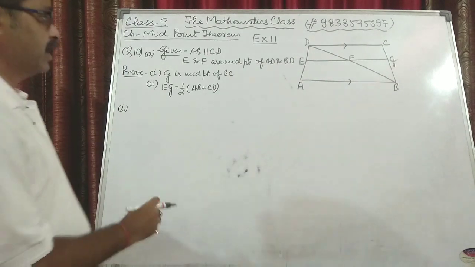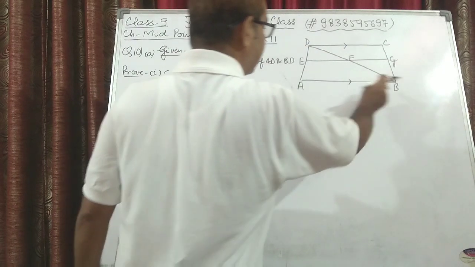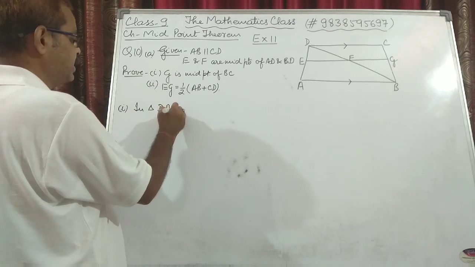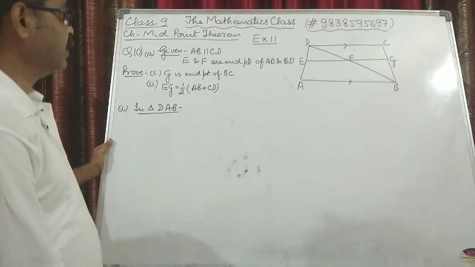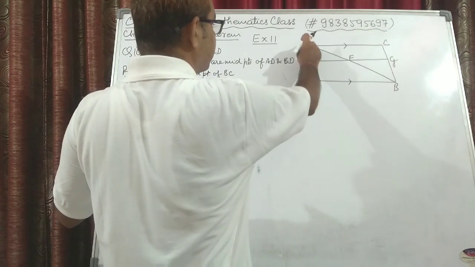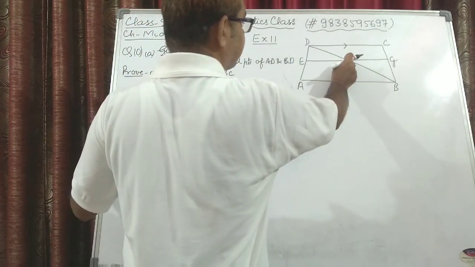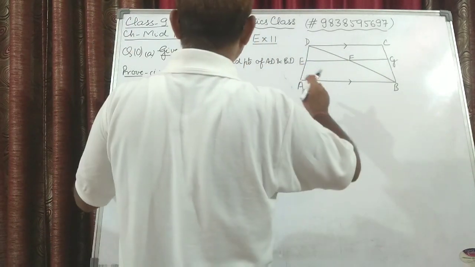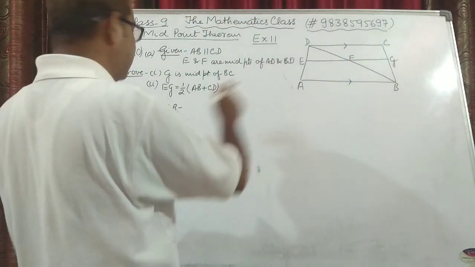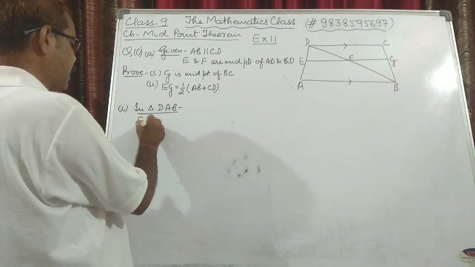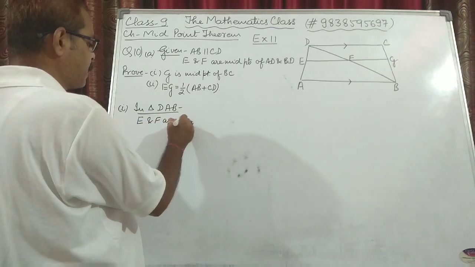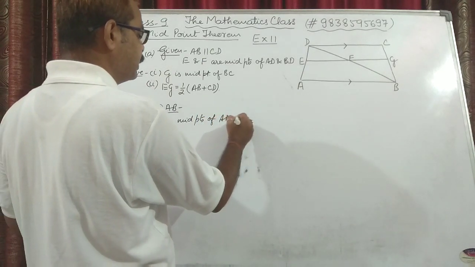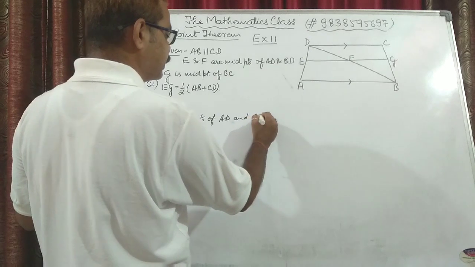If we consider triangle DAB, it is given that E is the midpoint of DA and F is the midpoint of DB. So E and F are midpoints of AD and BD.